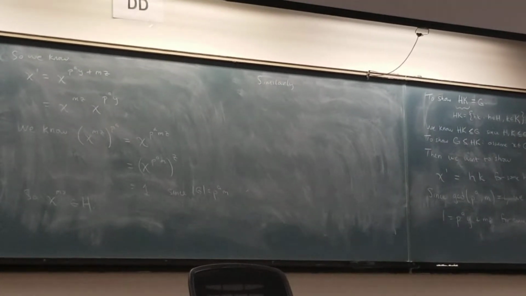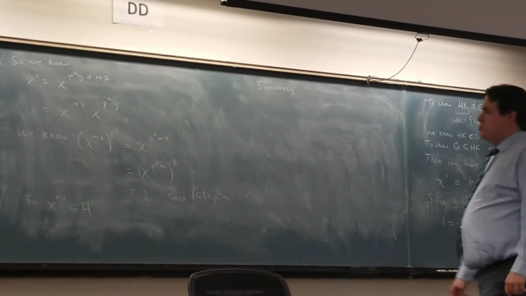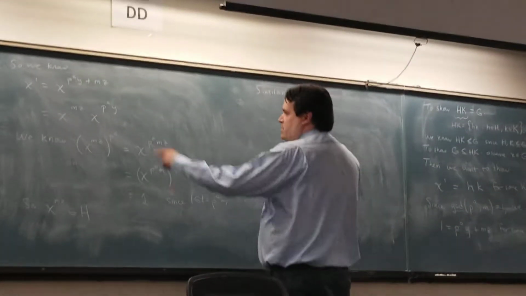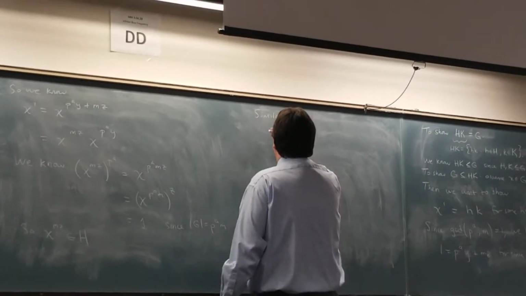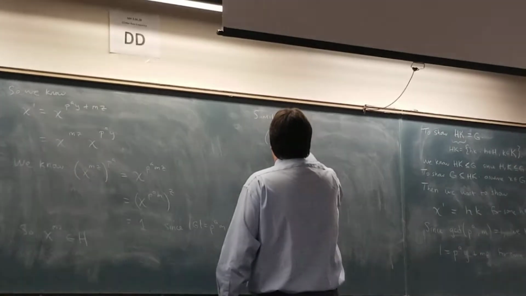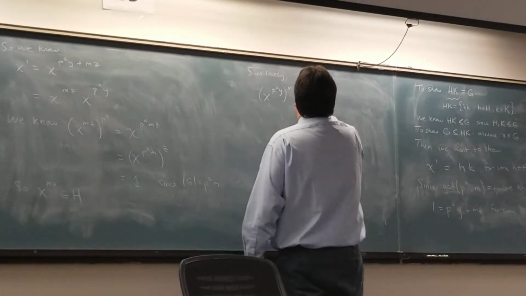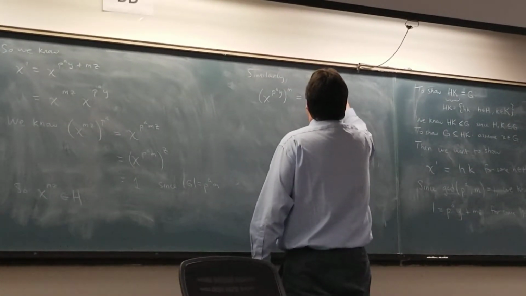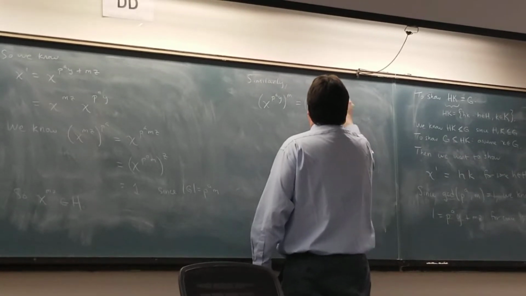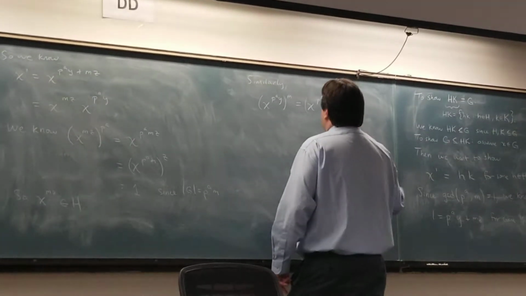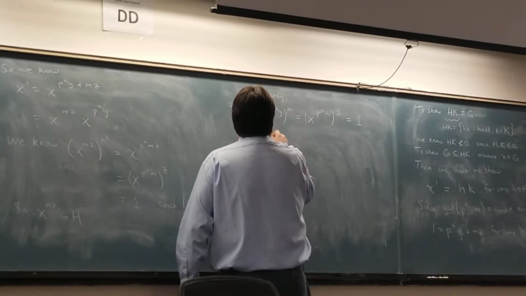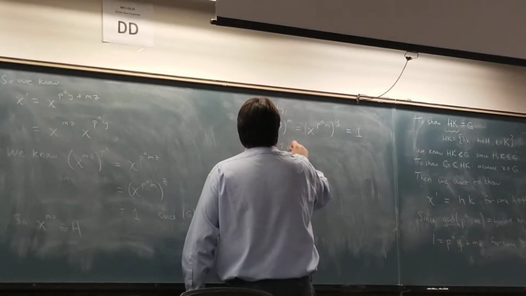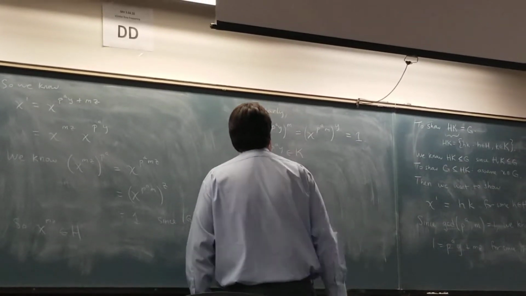Right. Okay, similarly, if I take this other thing, x to the p to the 8 y, and raise it to the m, then I get x to the p to the a m, all to the y, and that again is the identity. So that means x to the p to the a y belongs to K.